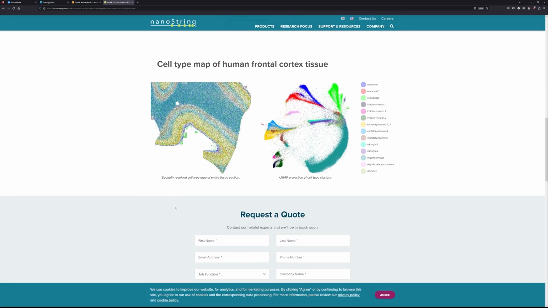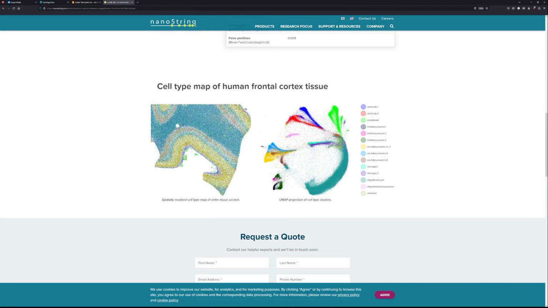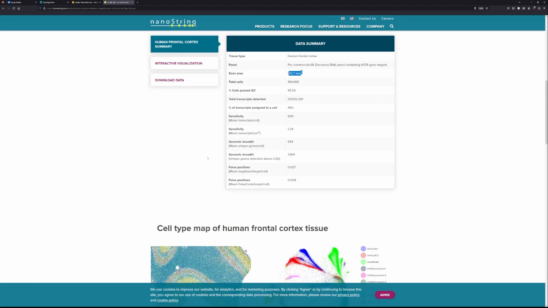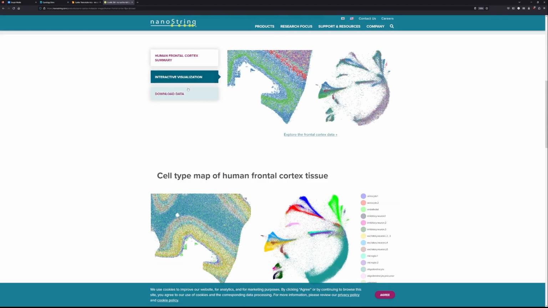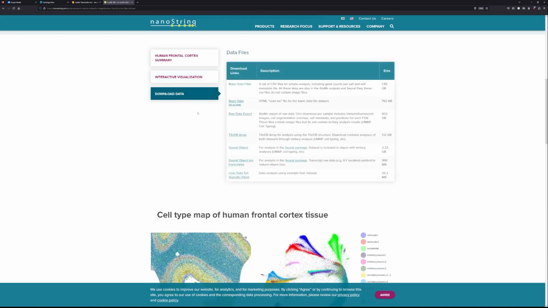Down here we can see something that we'll probably create. The UMAP projection, which will be something that we can do, as well as the transcripts located on the sample. We can do an interactive visualization if we want to go there, but we'll keep this nice and sweet. We'll download this Seurat object.